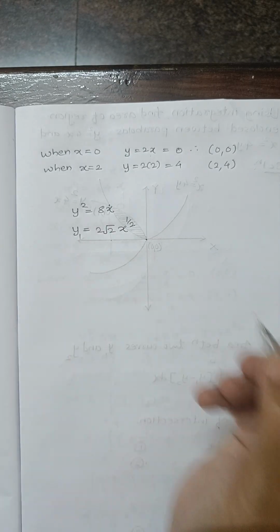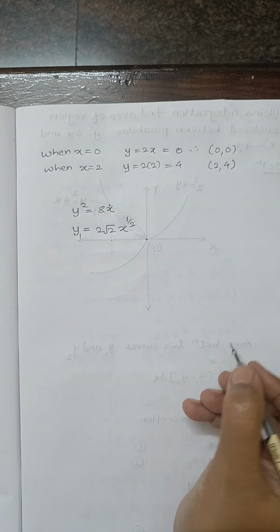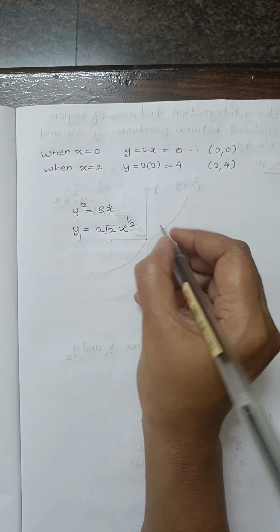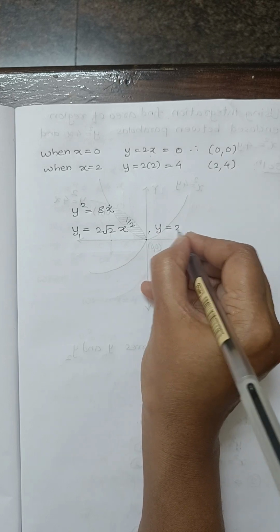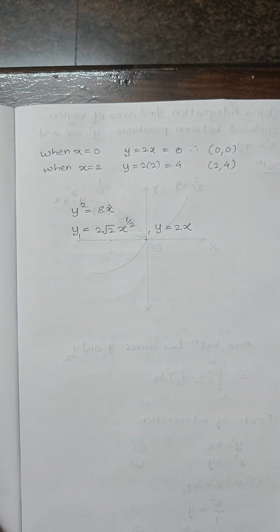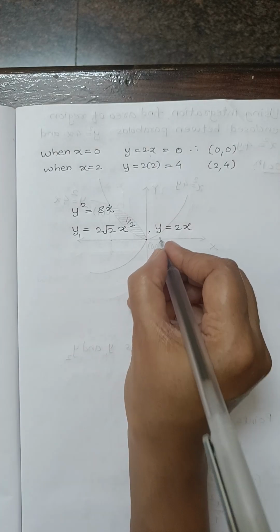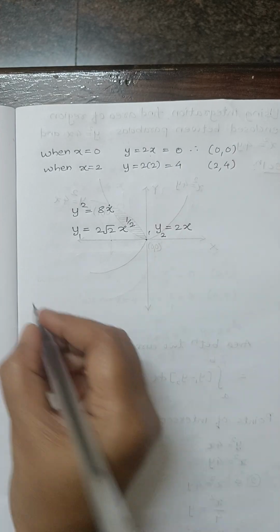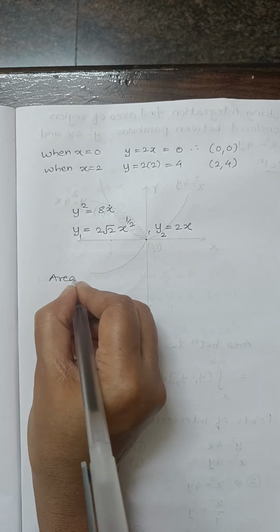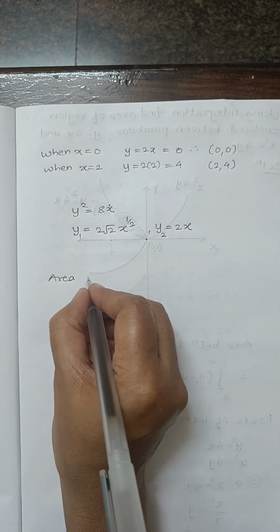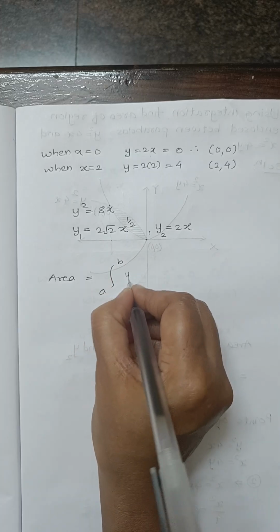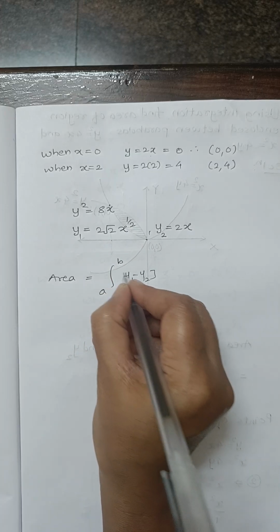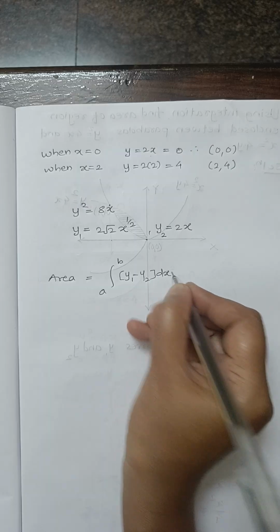Let this be y1. And the second equation is y is equal to 2x, the equation of the line. Let this be y2.